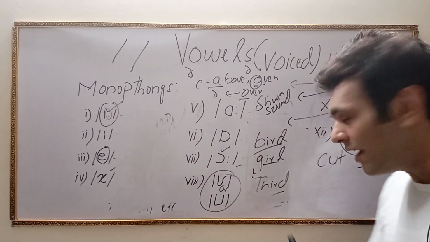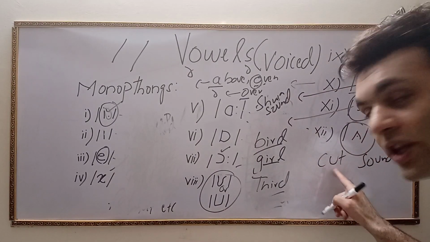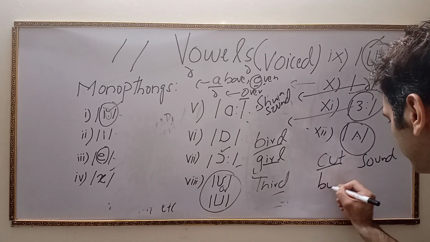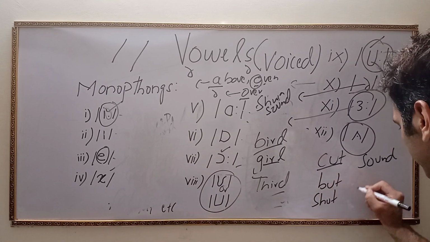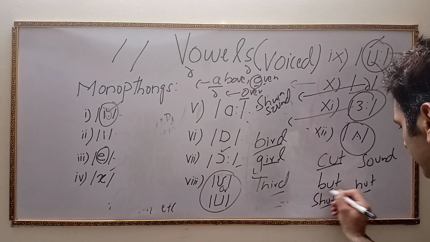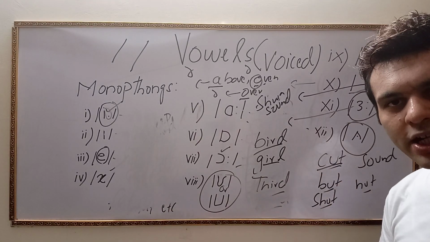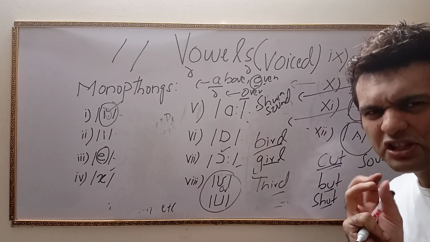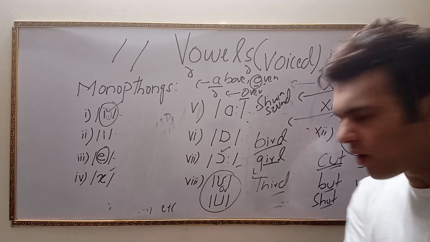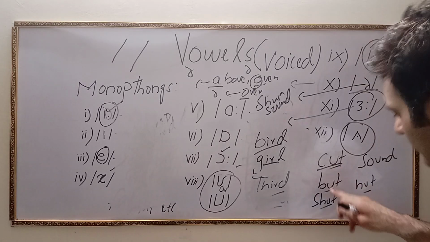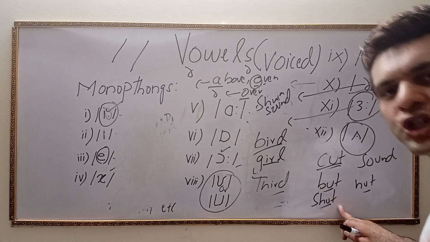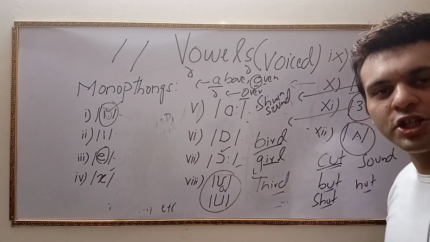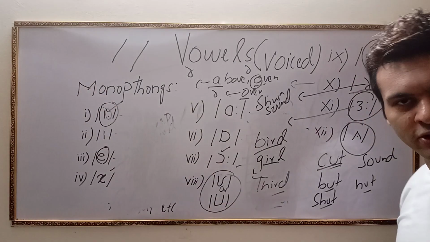We also have this cut sound within the word cut itself. Cut, but, hut, shut. This shut, it's a very, very short and small vowel. Cut, but, shut, hut, and you can extend the examples.